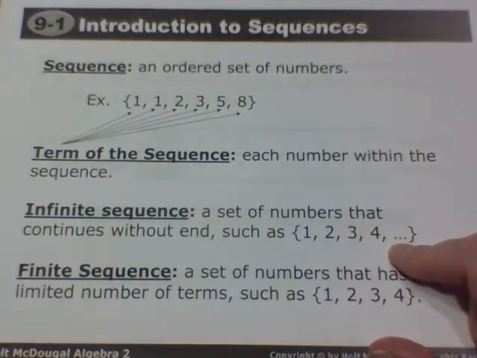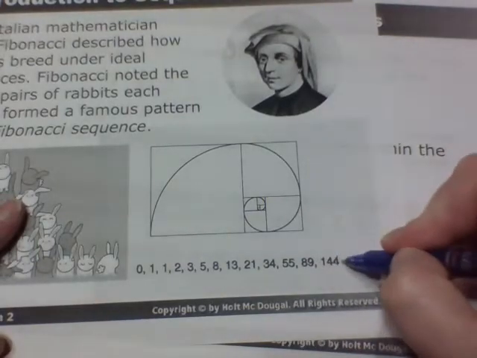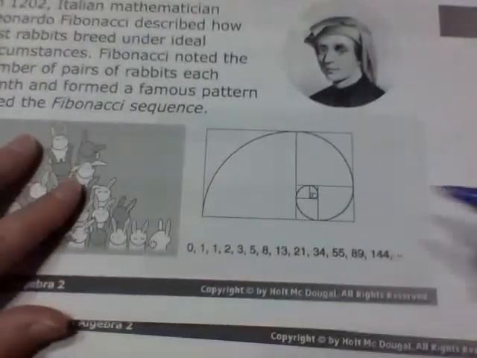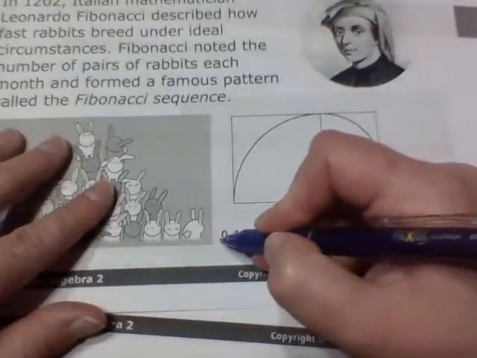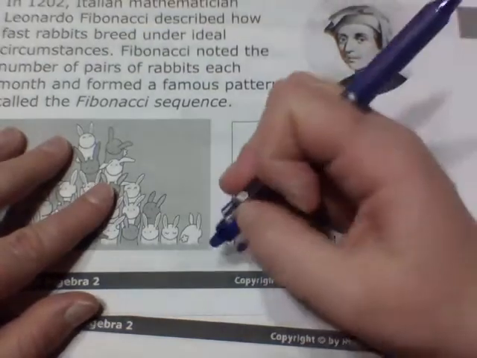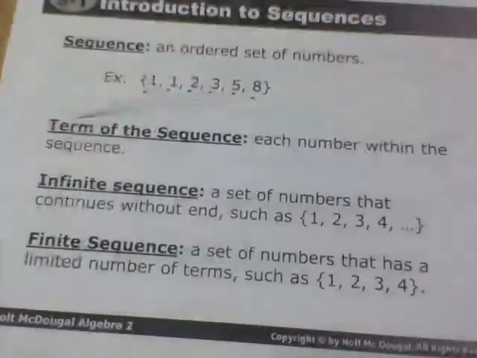The Fibonacci sequence continues without an end. Sometimes sequences can also go backwards, so it can go in both directions. It just matters if you tell them that or not.